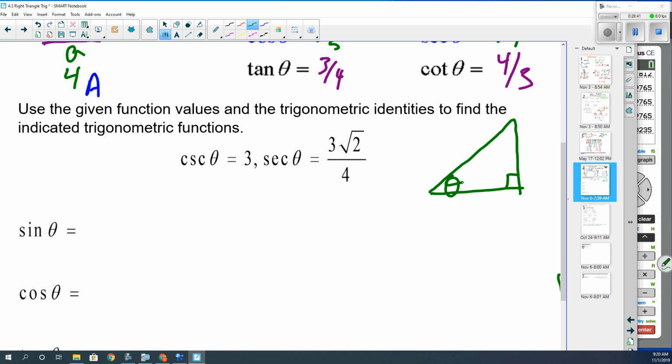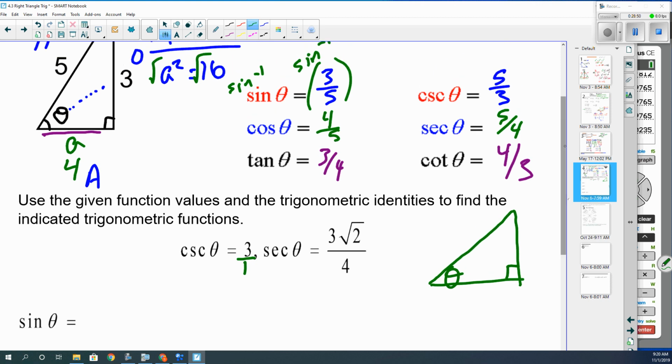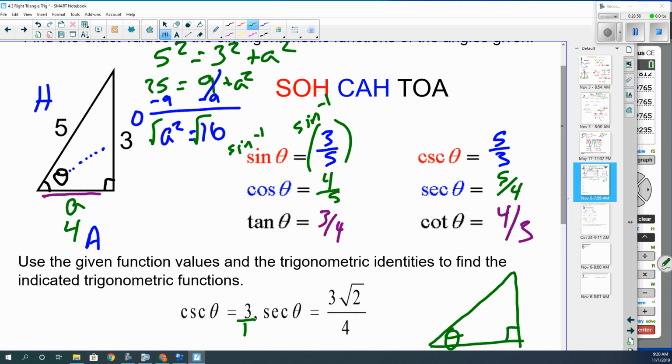Okay, so they told me what cosecant is. And I always like fractions. So cosecant is like 3 over 1. Cosecant, if I looked up here, cosecant was in red. Cosecant is the reciprocal of my sine. So SOHCAHTOA, I know sine is opposite over hypotenuse, so cosecant should be hypotenuse over opposite.